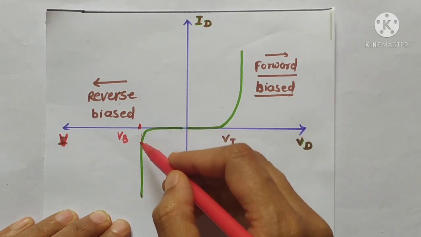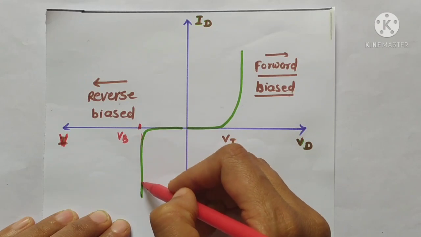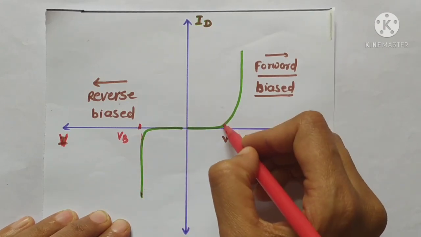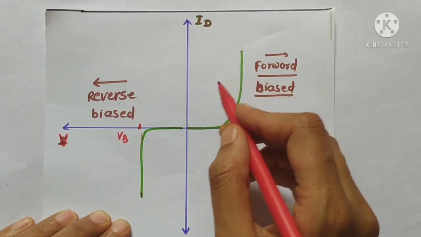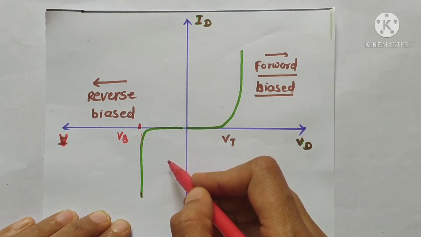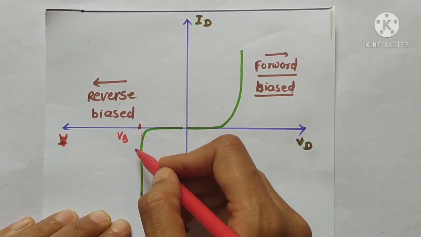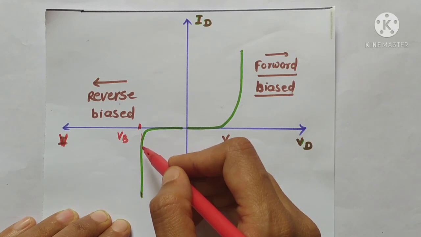Okay students? So in this graph we see this reverse saturation current, as in the forward bias direction where you can see an increase in current. In the next video we'll see the diode used in the breakdown region. Whenever the diode is operated in reverse bias condition, the applied voltage should be less than this breakdown voltage, and we'll see this in detail in the next video.